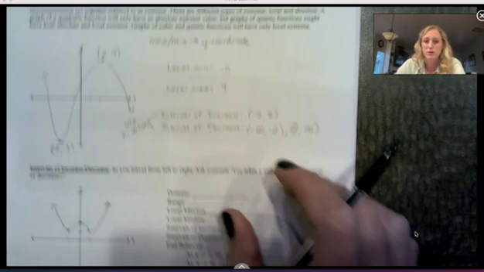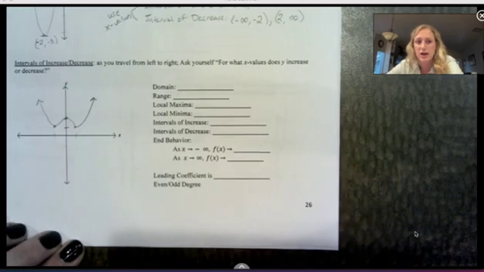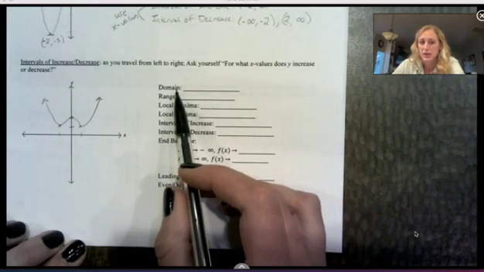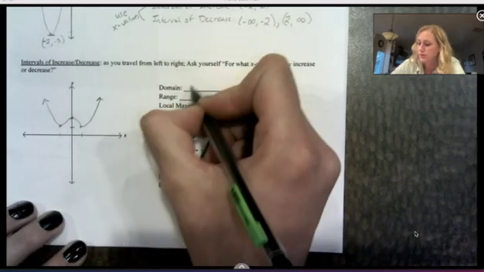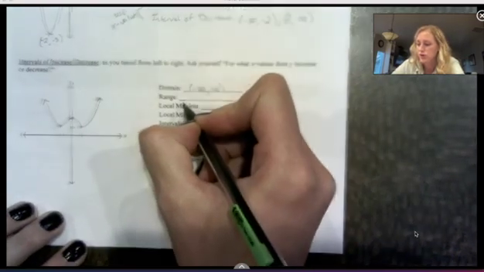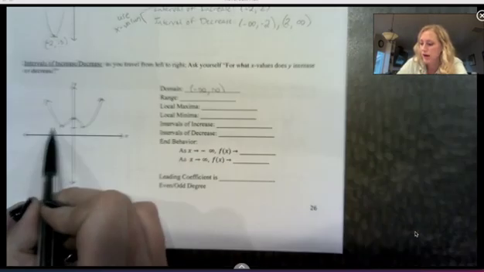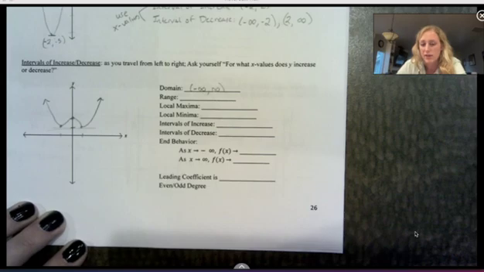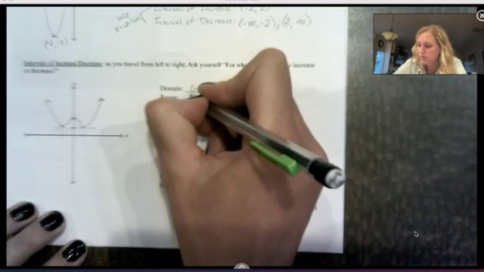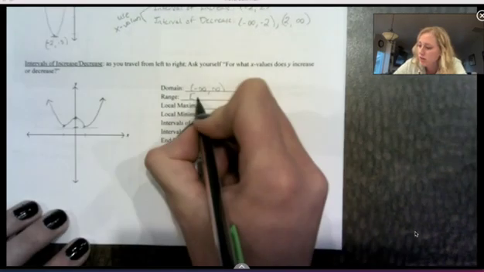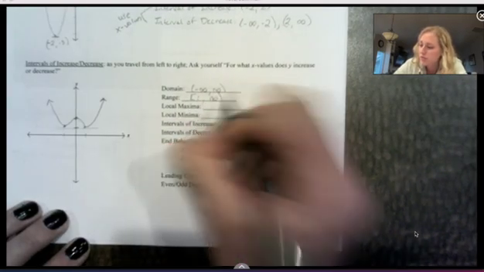Okay, so now we're going to look at another graph. Domain, this one is going to be all reals. Range, okay, so the low point on this graph is y value of +1, and then it moves up to infinity.